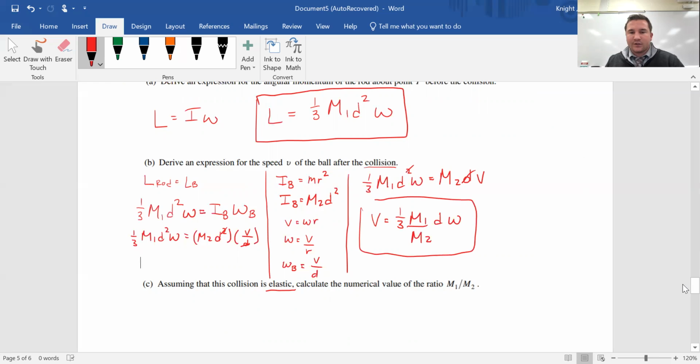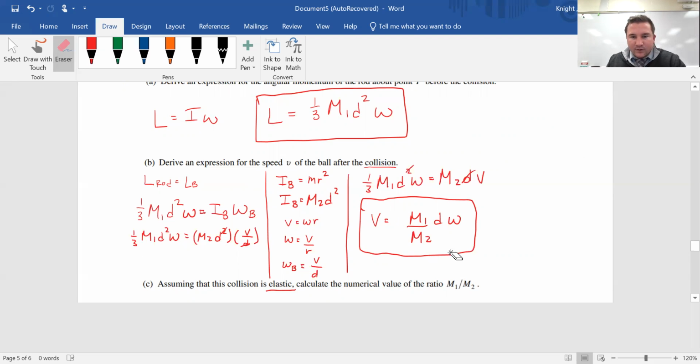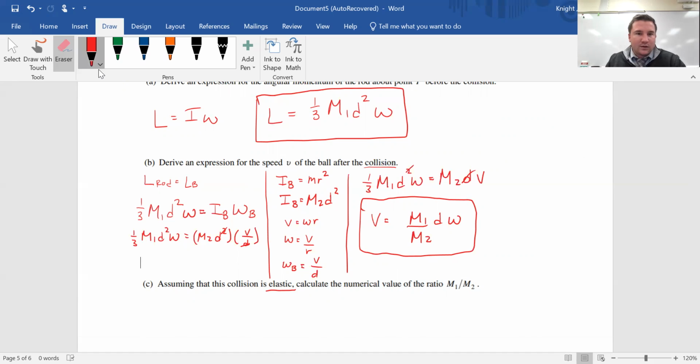There is our expression for the velocity of the ball after the collision. I should probably make that 1/3 a little bit bigger so I don't think that it's part of the numerator here. This is a 1/3. 1/3 m1 over m2 times d omega.